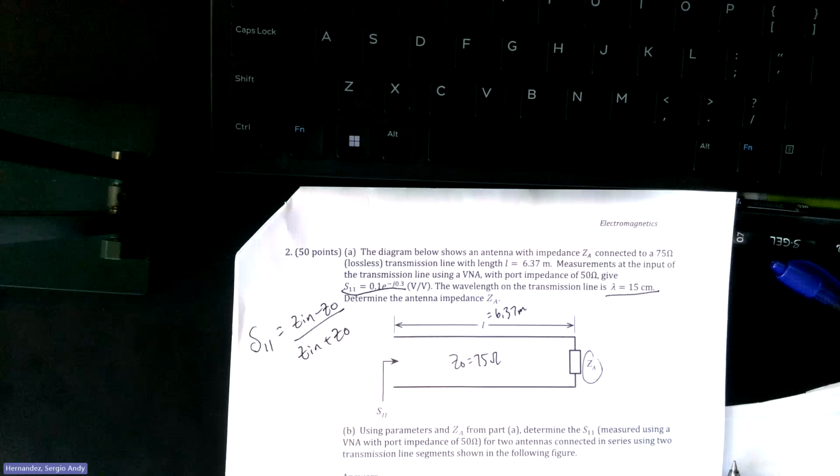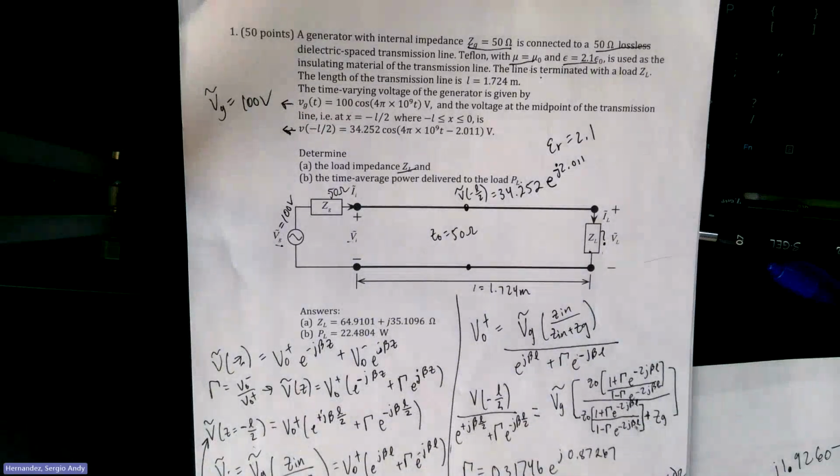Usually I like to explain it whenever I'm doing these problems, but all these equations are with respect to what you're referencing. So if you go back to this one, you're given the voltage at the middle of the line.